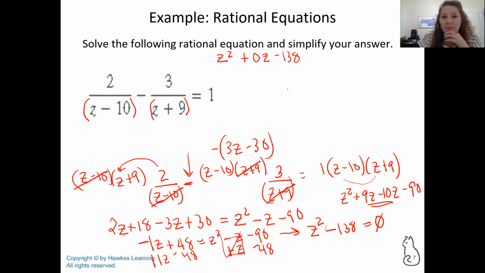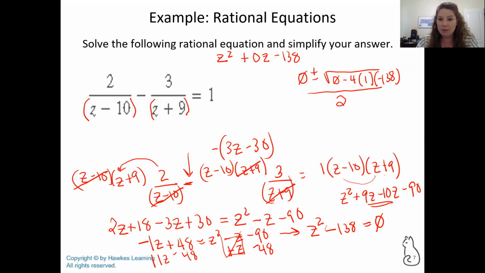I think so. All right, so we're going to do the opposite of b, which is still 0, plus and minus the square root of b squared, which is 0, minus 4 times 1 times negative 138, all over 2 times 1.